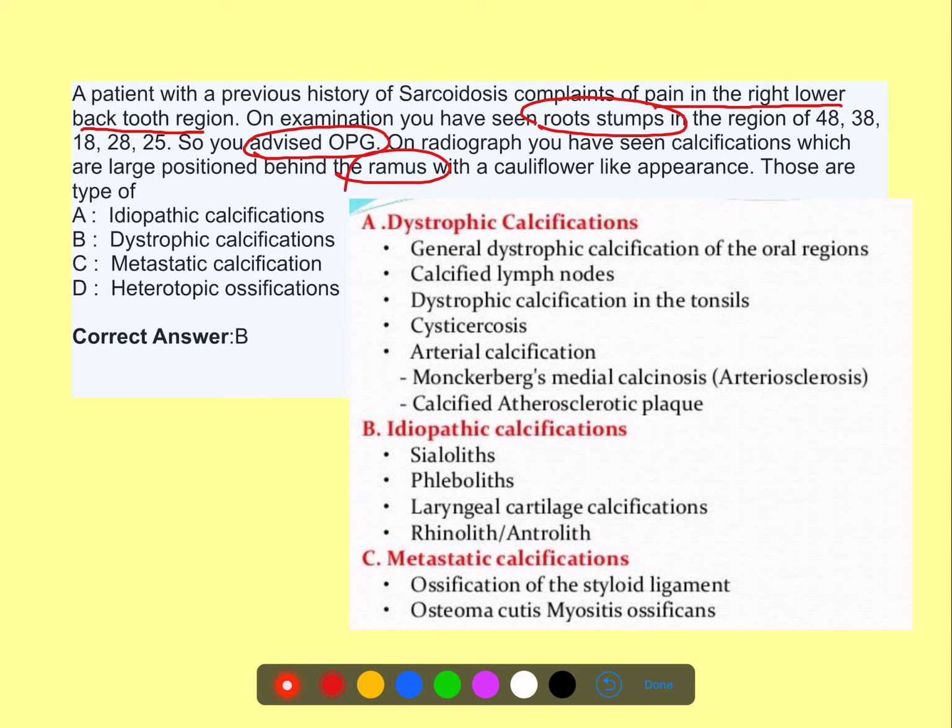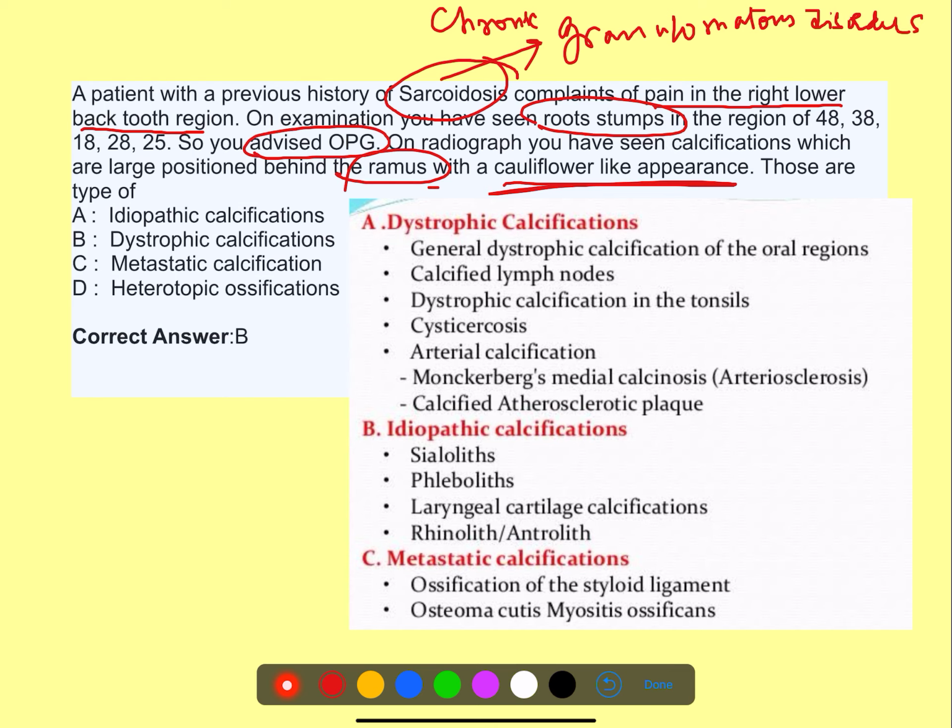Sarcoidosis is a chronic granulomatous disorder, and so these calcifications are soft tissue calcifications present behind the ramus with a cauliflower-like appearance. Behind the ramus is the position of the lymph nodes.